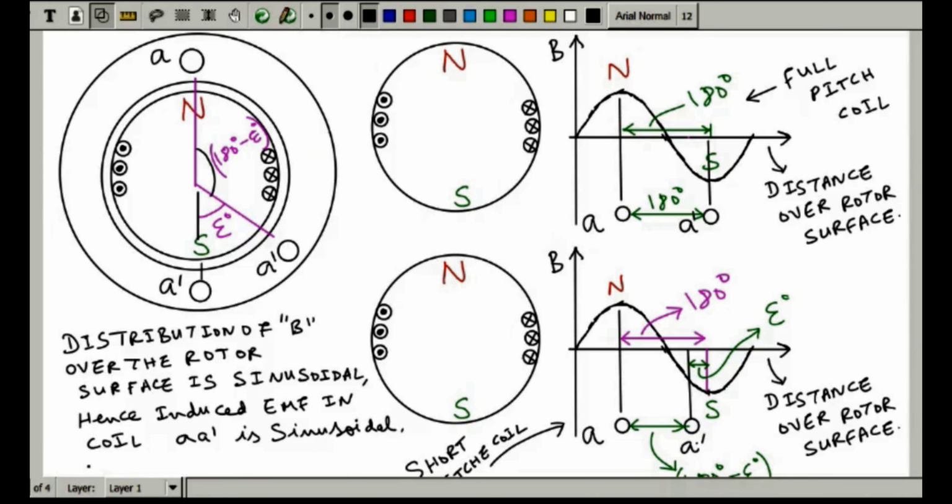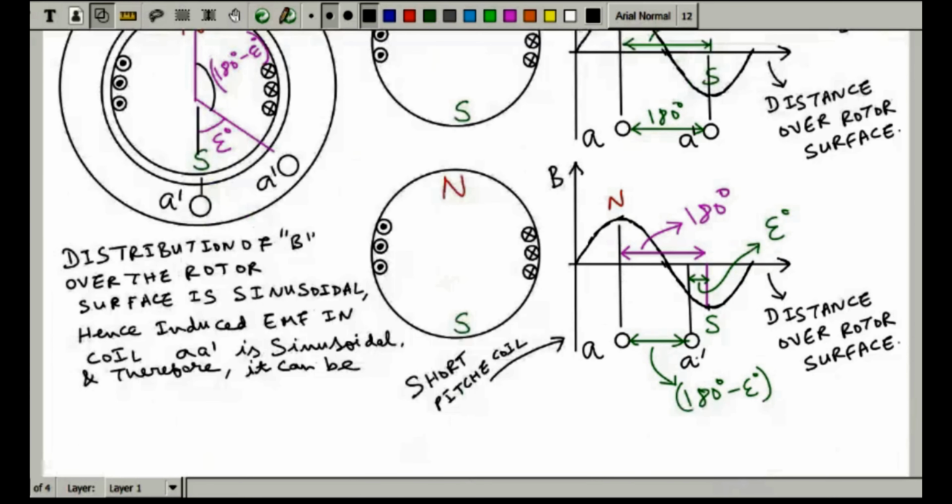And therefore it can be represented by phasor.